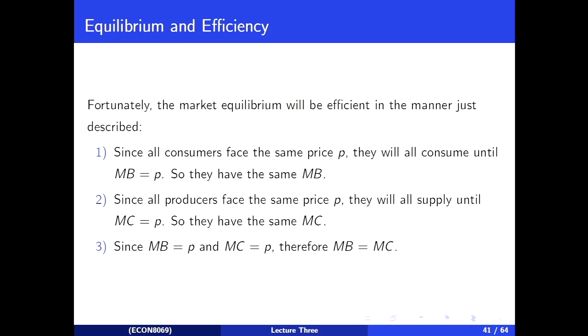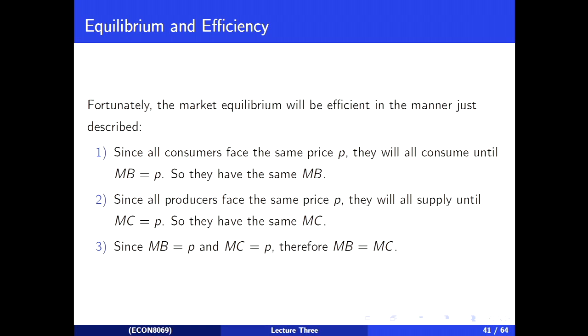Because all of our consumers face the same price P, they're all going to keep consuming until their marginal benefit is exactly equal to the price they have to pay, which means they all have the same marginal benefit. They all have marginal benefit P or P naught, as I've drawn on this graph here. Because all producers in the market can sell their goods for the same price, P naught, they all supply until the marginal cost is equal to P naught.